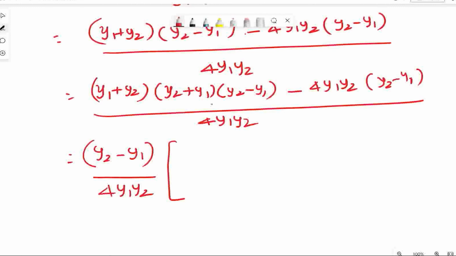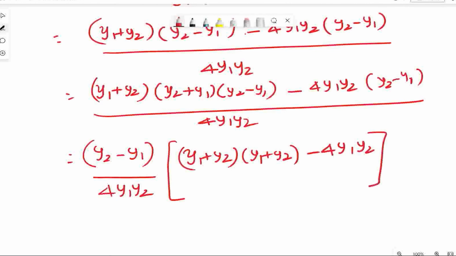Then inside what will be there? Here it is y1 plus y2 into y1 plus y2 minus 4 y1 y2.